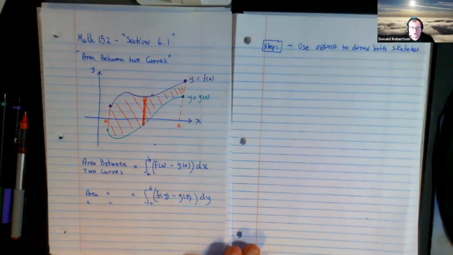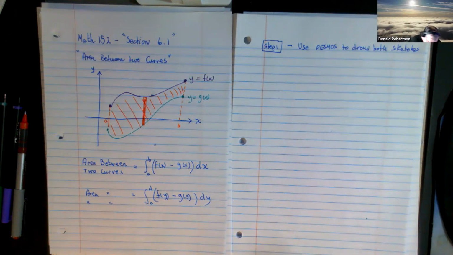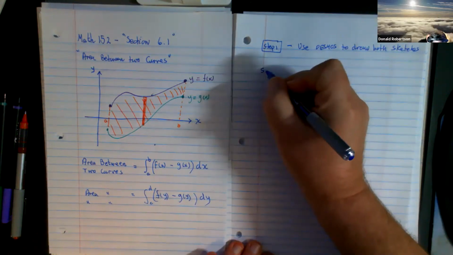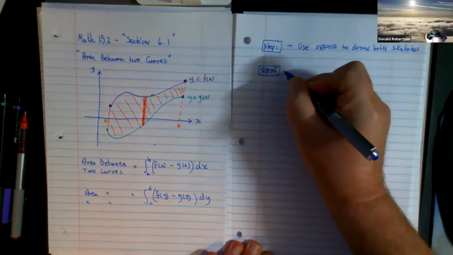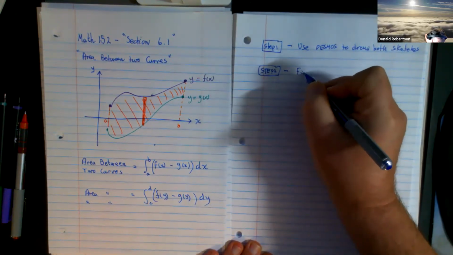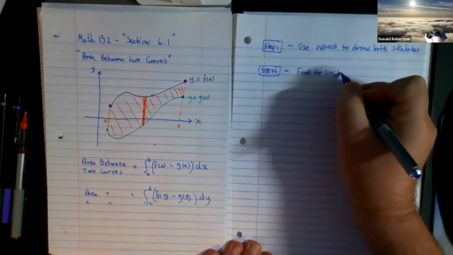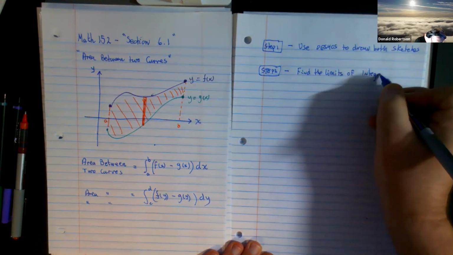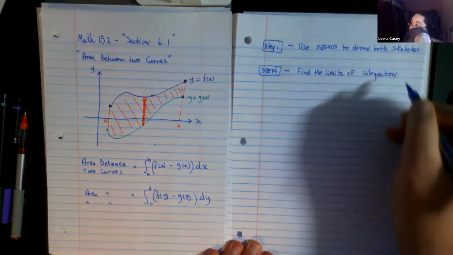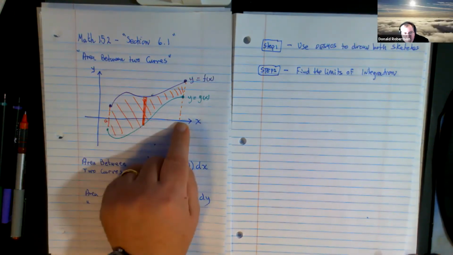Now, step one doesn't always happen because some of the questions already give you the sketch, in which case that's great. Then you move on to step two. And step two is you find the limits of integration, which are basically, what value of x do you start and finish at?